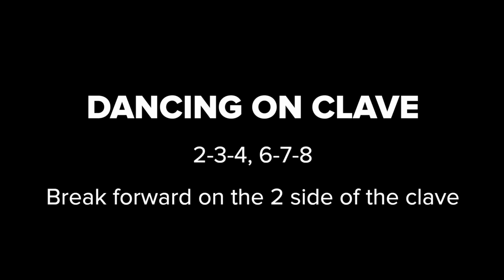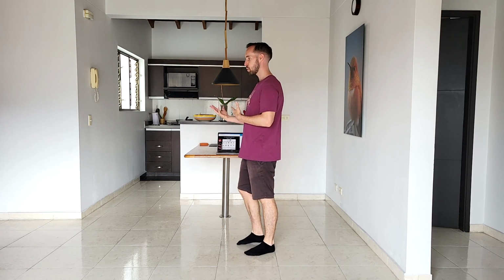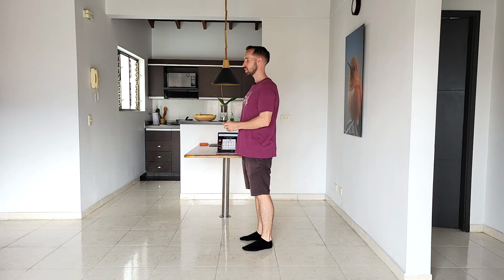Now let's talk about dancing on clave. I was exchanging some WhatsApp messages with Tito Hortos, and basically what he was telling me was before they talked about dancing on 2 in Puerto Rico, they were talking about connecting with the clave, so dancing on clave. So what that meant specifically in Puerto Rico and salsa history was that they were breaking forward on the 2 side of the clave, but they were still dancing contratiempo to the conga.